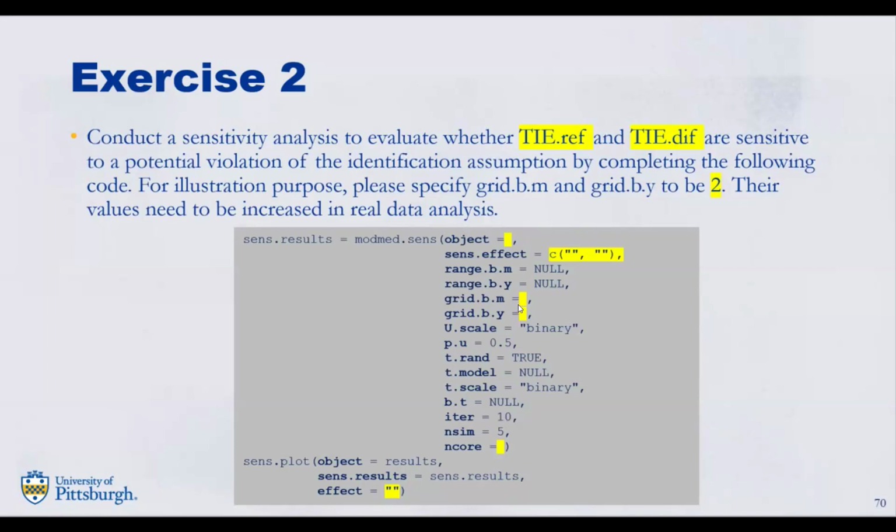And here I want to add that in your real applications, you may want to start with relatively small grid numbers to get rough plots at the very beginning, and then try to refine the plot by increasing the grid numbers. And usually we don't recommend 2 because that's too small.